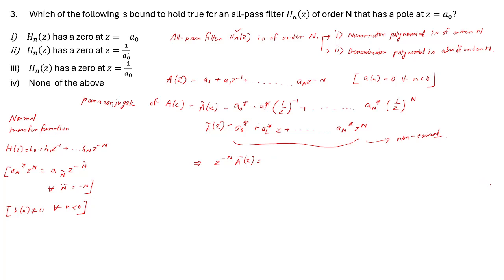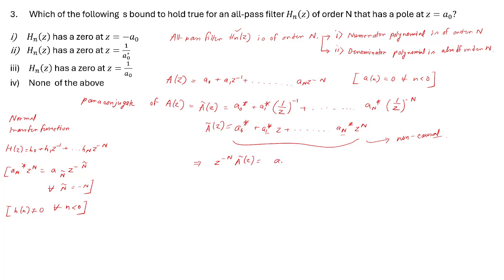So your transfer function, this A tilde of z, is actually spread to minus nth time index when you try to visualize in terms of the impulse response. And so if you delay by n units, it actually comes on the non-negative axis, on the right side of the time axis. So in that way it becomes causal. So you can visualize it in both ways, in mathematical form also, and what exactly is happening.